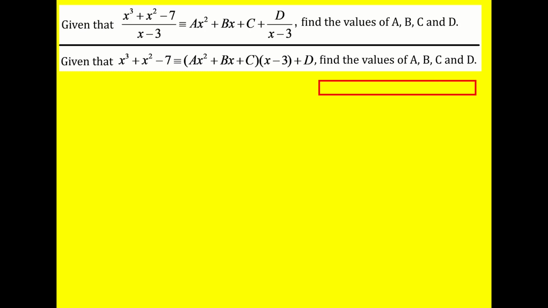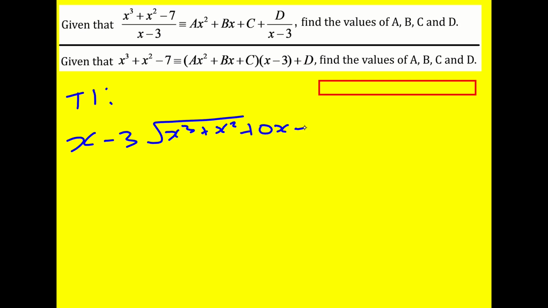So, technique 1 is going to be to do a division. x minus 3 into x cubed. This is one of those where I am missing an x, so I'm actually going to write 0x and line it up nicely. Okay, and then I'm going to do my division.